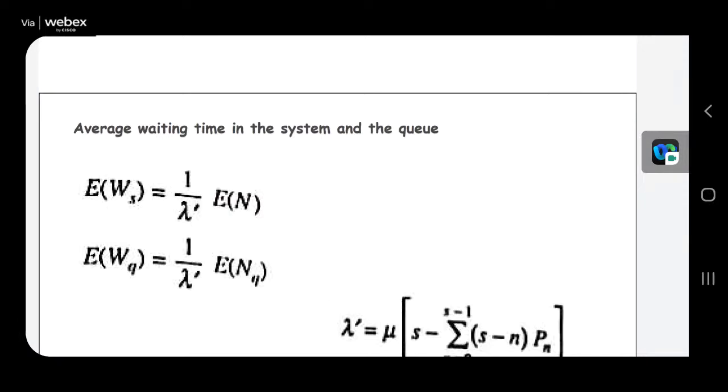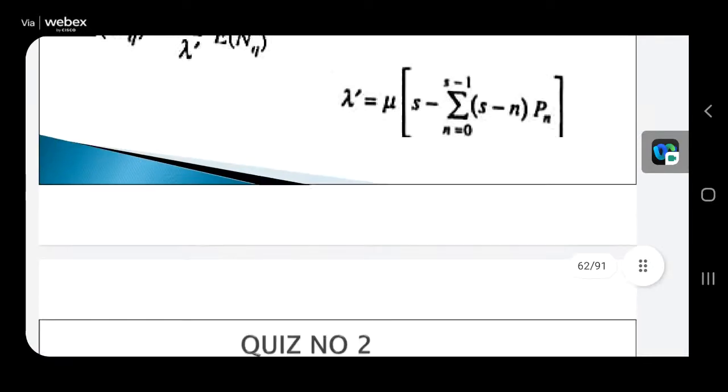Then you will not have the freedom to use the actual arrival rate. Instead, you have to use the effective arrival rate. So that's where this comes into the picture.